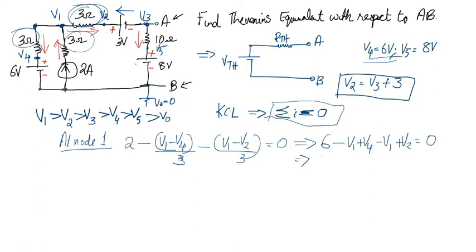By using that, 6 minus V1 plus 6 minus V1 plus V2 equal to 0. Upon simplifying this, we will be getting minus 2V1 plus V2 equal to minus 12. So this is my first equation.